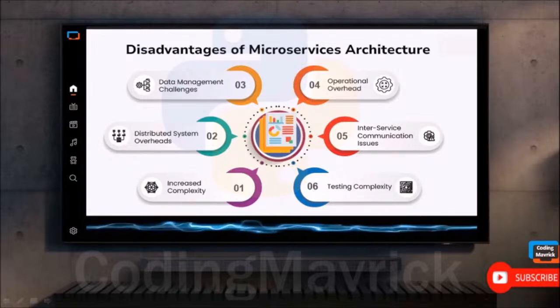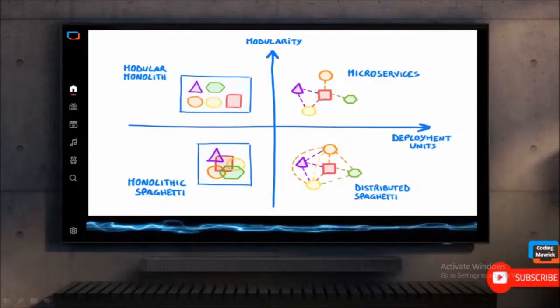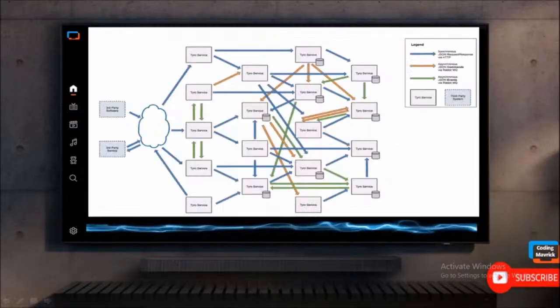Each service having its own database can lead to data duplication and consistency challenges. More services mean more continuous integration and continuous deployment pipelines and more monitoring over cloud. So remember, microservices solve scaling and modularity problems, but they add operational complexity. You replace one big problem with many small manageable parts.